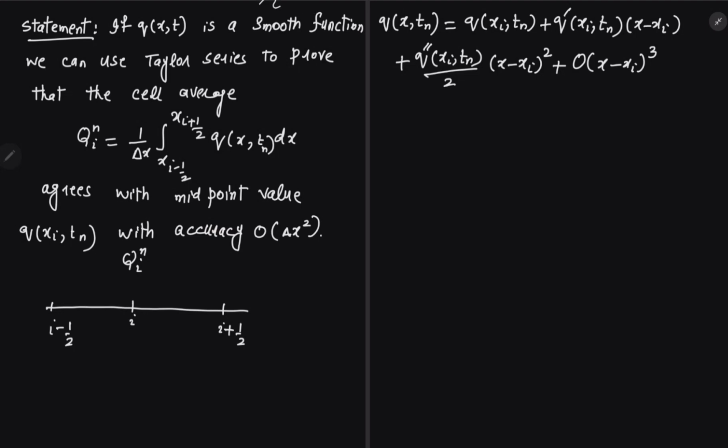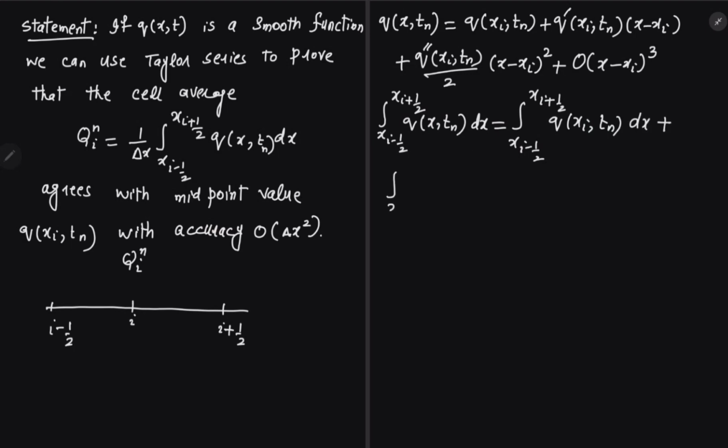So we integrate from x_{i-1/2} to x_{i+1/2} of q(x, t_n) dx, which is equal to the integral of q(x_i, t_n) dx, plus the integral of q dash (x_i, t_n) (x minus x_i) dx, plus the last term, where the order of all the terms we leave is cube.